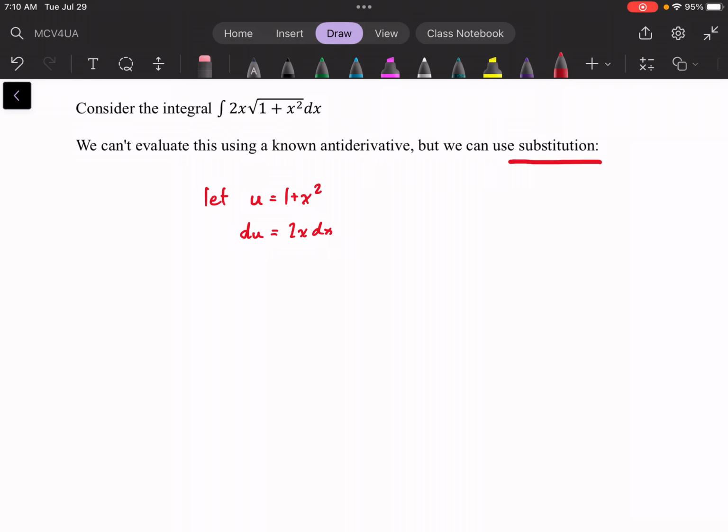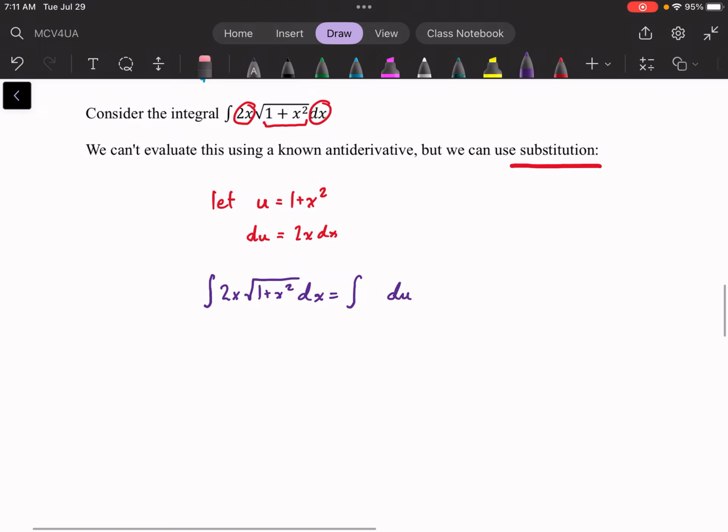So you'll notice, and I'm going to circle the 2x and the dx in there, and you'll notice this piece right here, the 1 plus x squared, is what was originally u. So here's where we're going to go. I'll show you how we do this. I'm rewriting my integral originally, and we're going to substitute. We're going to change the 2x dx to du, and we're just going to change the 1 plus x squared to the square root of u.